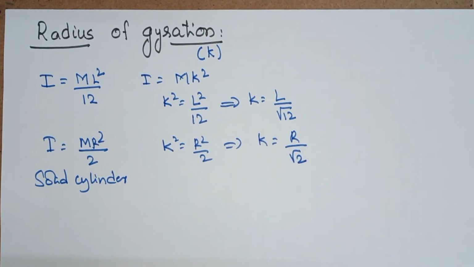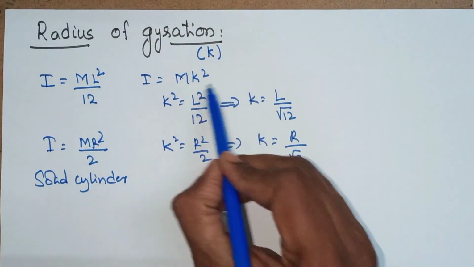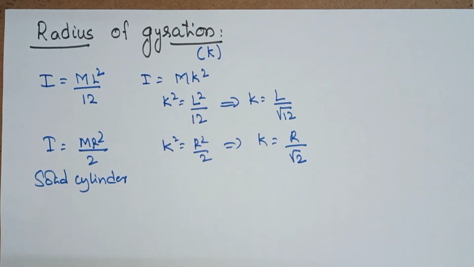Of course, the k value changes where the axis of rotation changes. It is to be considered whether the axis is along its center, or diameter axis, or a parallel axis, so that the value of moment of inertia changes. Consequently, the radius of gyration also changes. How to define the radius of gyration?